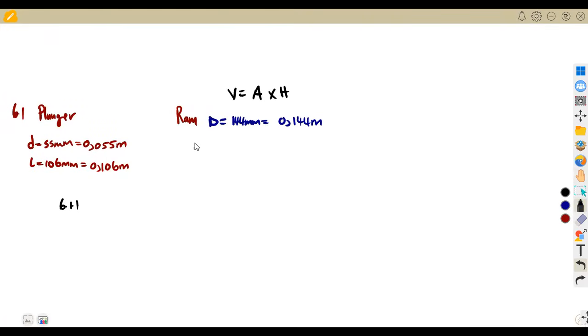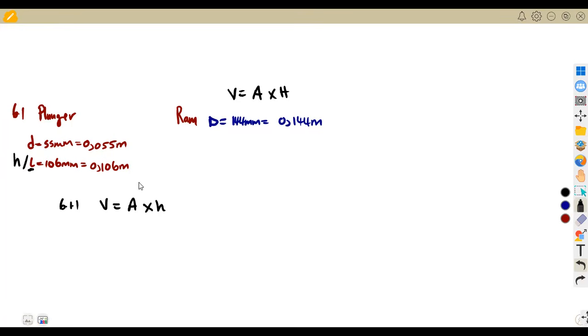But here we have the diameter and the stroke length, so we can calculate the volume as the area times the stroke length, which is the height, h.